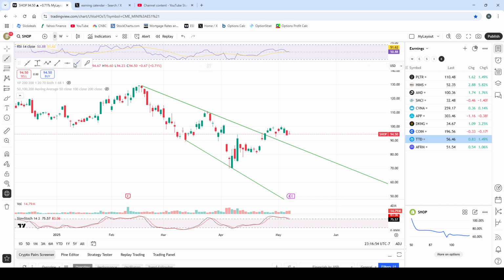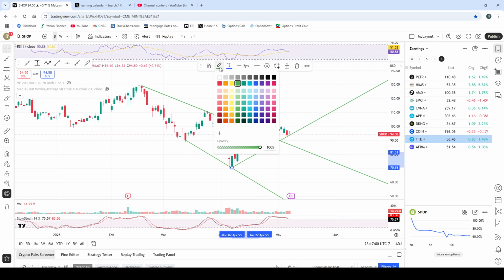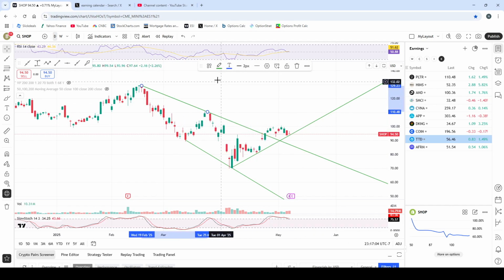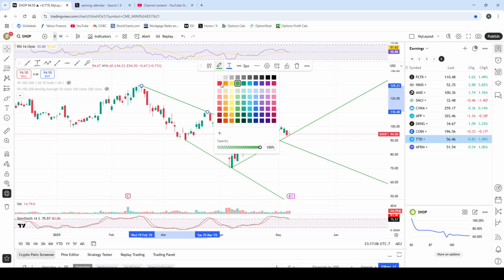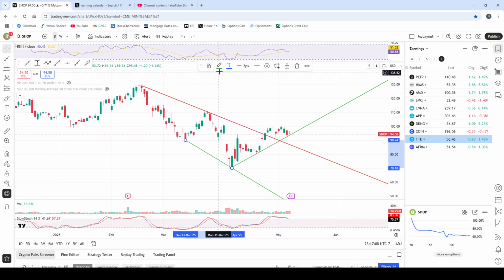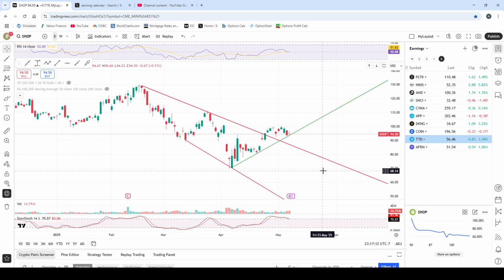Now you can see the low. Go to the low here. Okay, I'm gonna change this to red. Here I'm gonna leave it green. So now, okay.